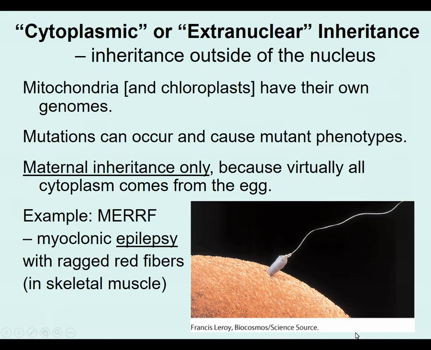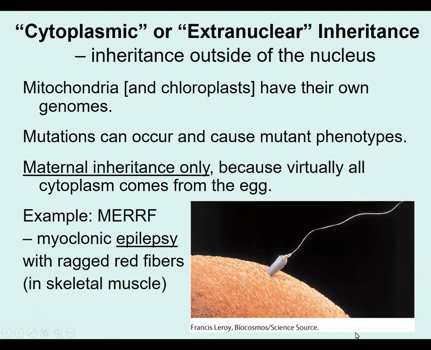Okay, moving on to a different topic, cytoplasmic or extranuclear inheritance. You may remember from the endosymbiont theory or the endosymbiont hypothesis that mitochondria and chloroplasts have their own chromosomes. They have their own ribosomes. And so there are genes on those chromosomes, and you can have mutations or alleles of those genes, and there can be mutant phenotypes.